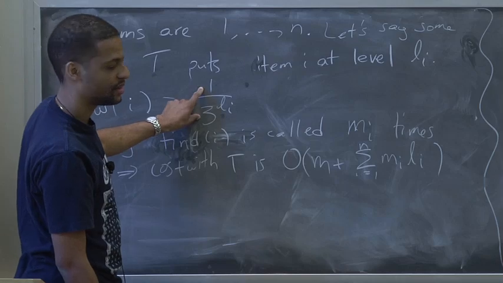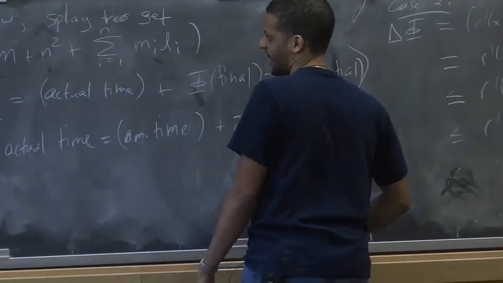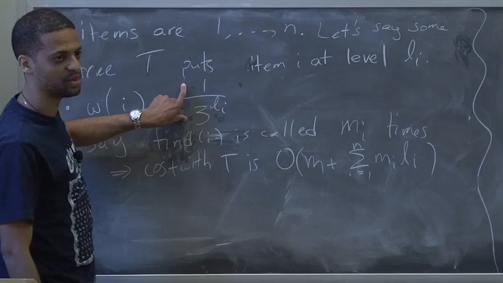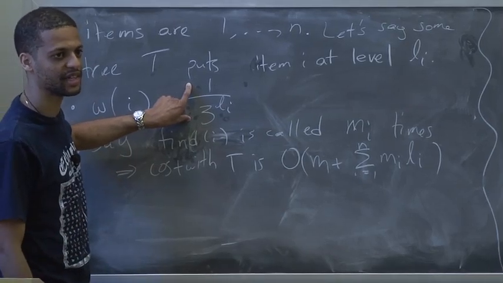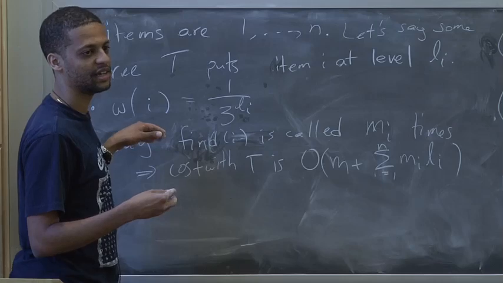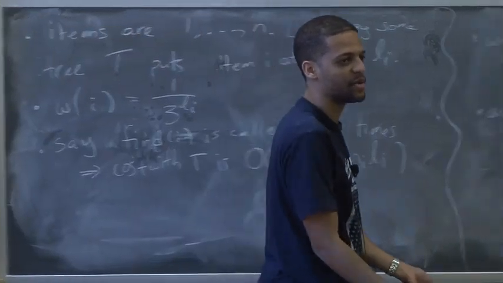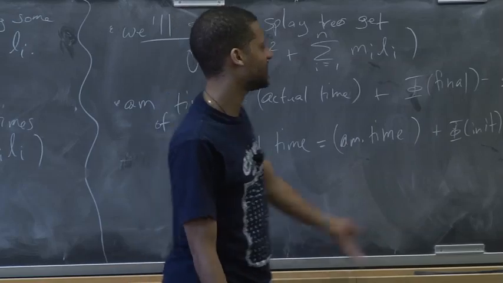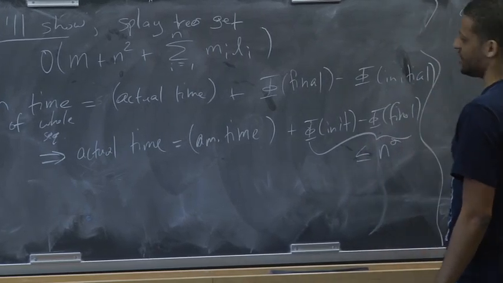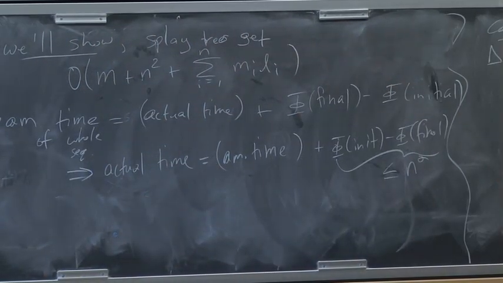So log of a weight in the worst case is minus n for a node. And in the best case, the node could be at the root, and then log of 1 will be 0. So contributions of nodes are anywhere from minus n to 0. So for the whole tree, it goes anywhere from minus n squared to 0. So the potential is a number between 0 and minus n squared, so it definitely can't change by more than n squared. So this is at most n squared. You can do better, I mentioned, but then the proof becomes only very slightly more complicated.